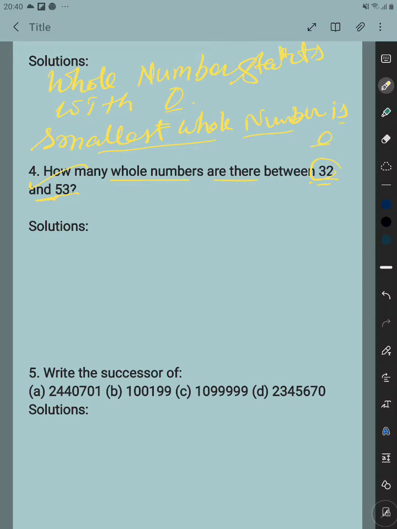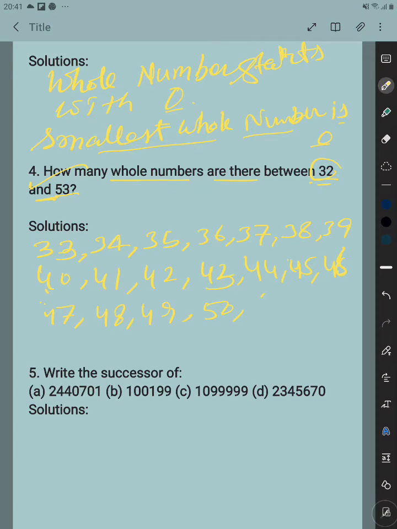So if we add 1 to 32, it will be 33, then 34, 35, 36, 37, 38, 39, then 40, 41, 42, 43, 44, 45, 46, then 47, 48, 49, then 50, then 51, and then 52. Now we have to stop because after this 53 will come.